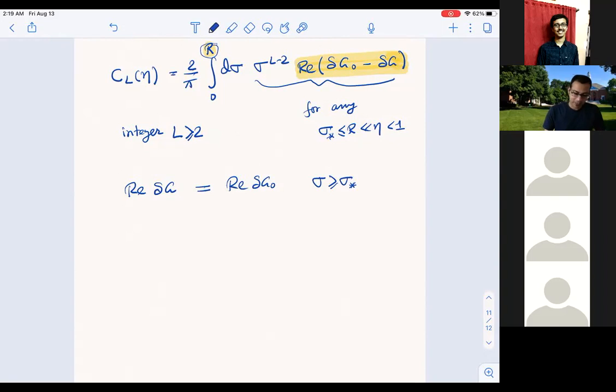So this gives you a definition of sigma star. It's when the real part of delta G differs significantly from the real part of delta G naught.